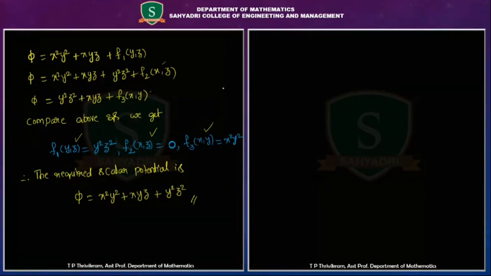Sir, how did we get that xyz? Which xyz? In the middle, at last the scalar potential. What I did is take this equation. x square y square xyz is there, plus I have to substitute f1 of y comma z. F1 of y comma z I got as this much. I substituted. So this will be the unique function. This function is completed, right?